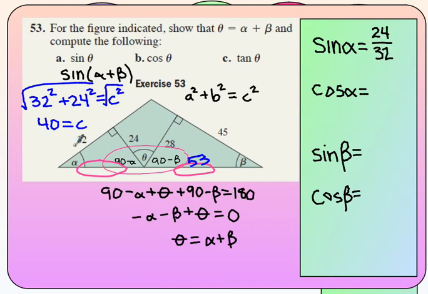Cosine alpha is my adjacent, oh, just kidding. I made an error there, sorry. I'm going to back up. It's not over 32 because it's opposite over hypotenuse. That's why I found this value over here. So it's actually 24 over 40. Thank you for catching that. My cosine is the adjacent over the hypotenuse, so now it's 32 over 40.